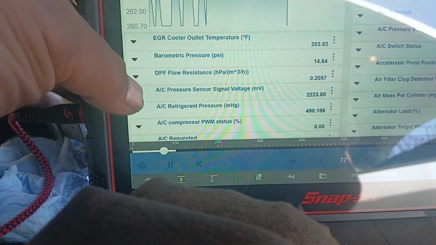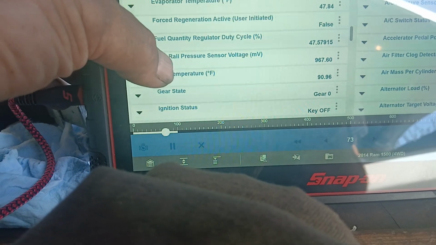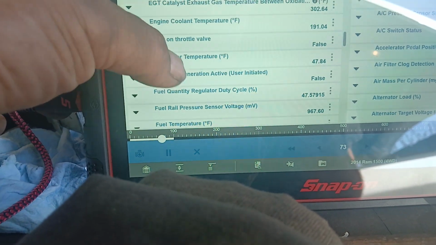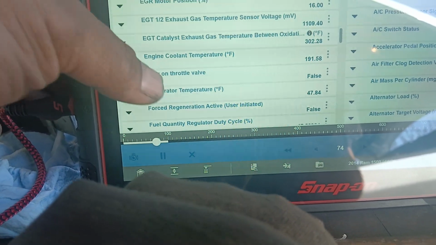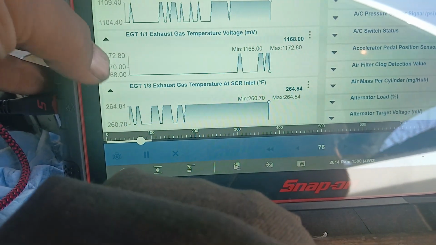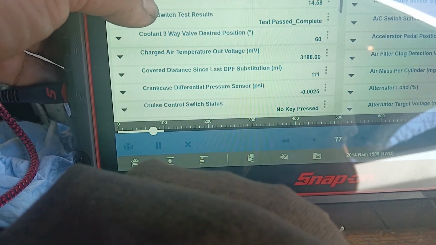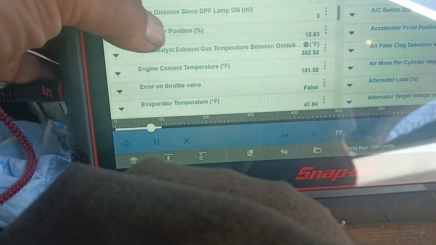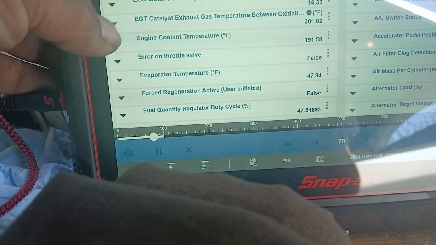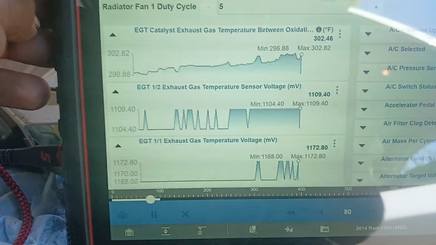Let me get to the other exhaust gas. Alright, so you can see all three.